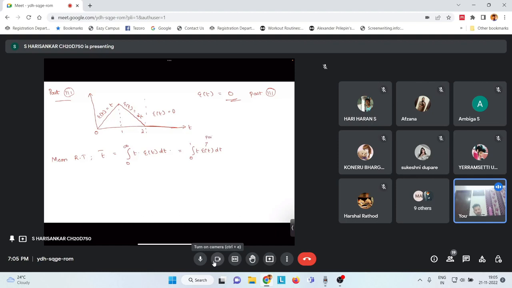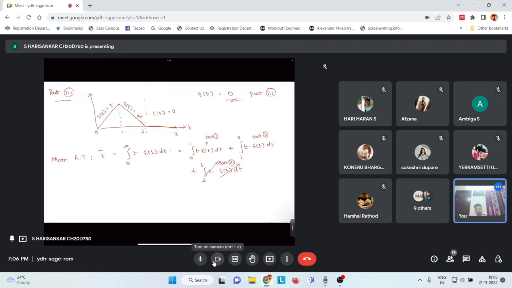Then this is added to the integral from 1 to 2 of T into E of T dt for part 2, plus the integral from 2 to 3 of T E of T dt for part 3. Now E of T for part 3 is basically 0, so the third term will get cancelled.